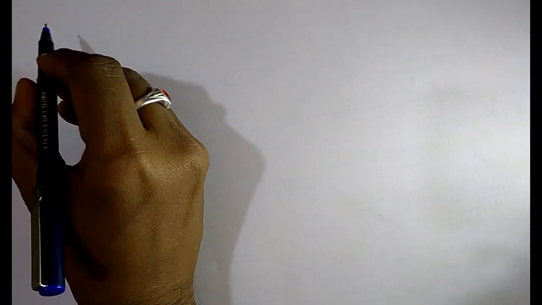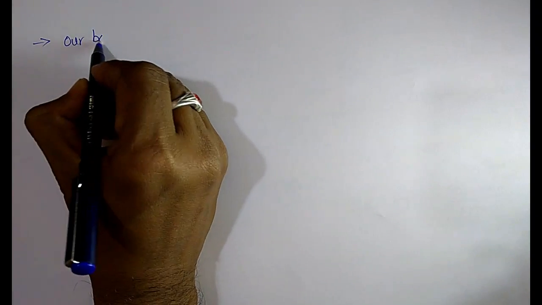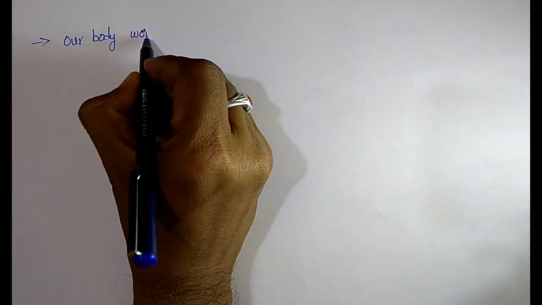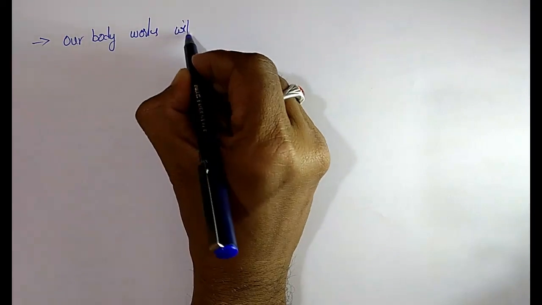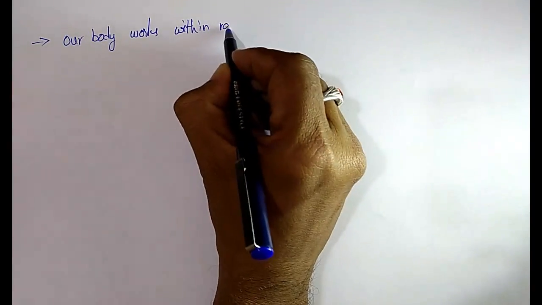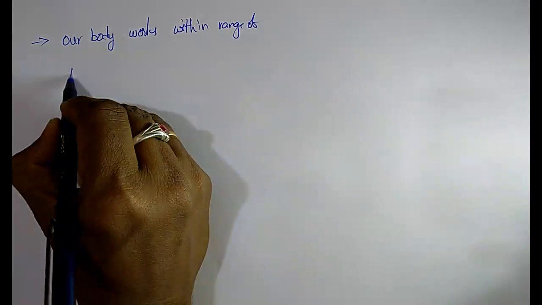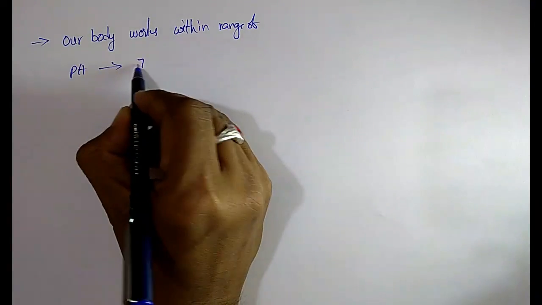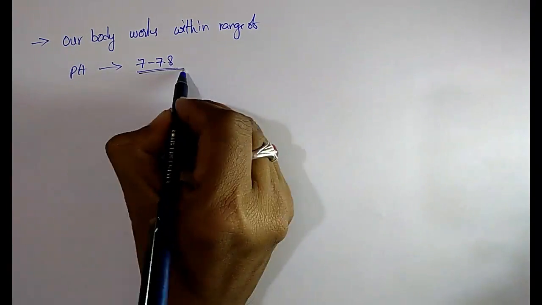Do you know what range of pH value our body works within? Our body works within the range of pH value that is nearly 7 to 7.8.